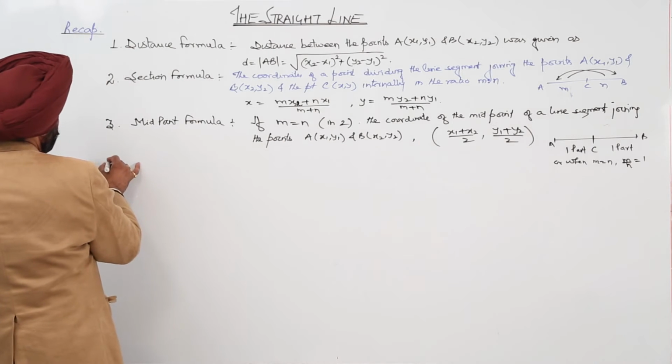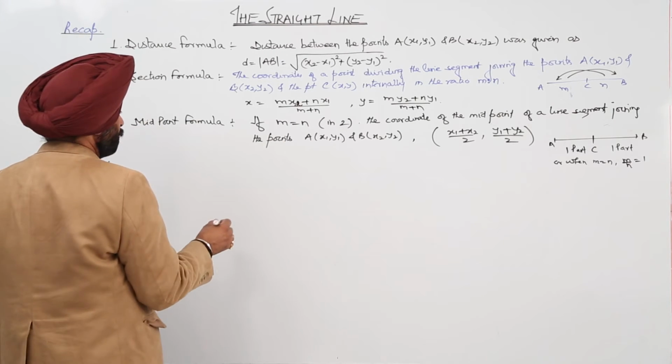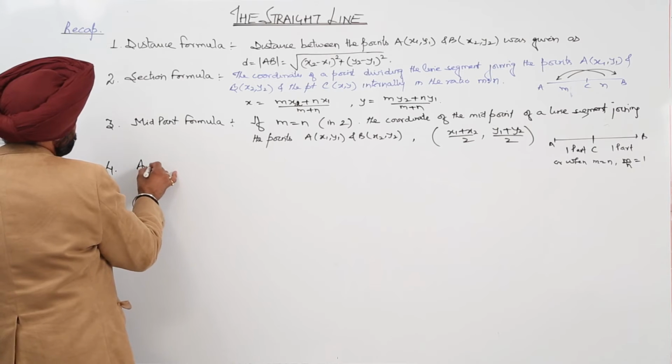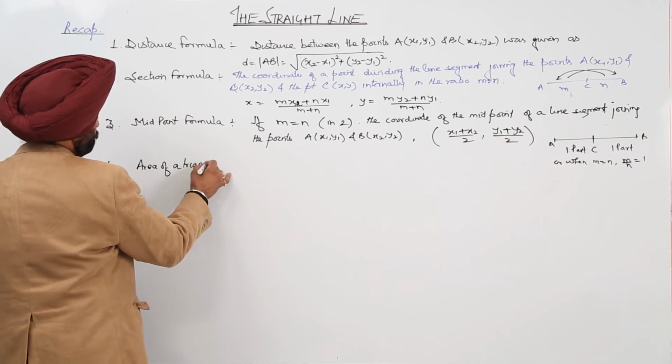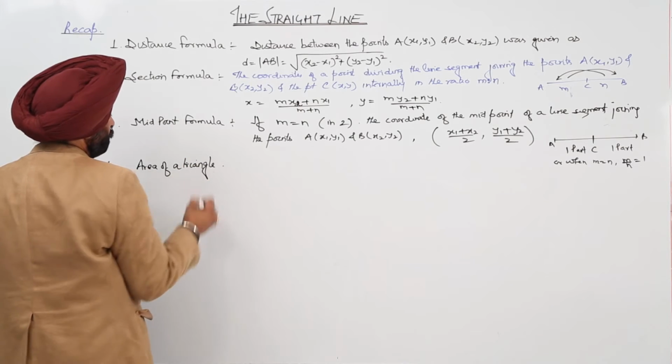Now, number 4 we have gone for the area of a triangle.